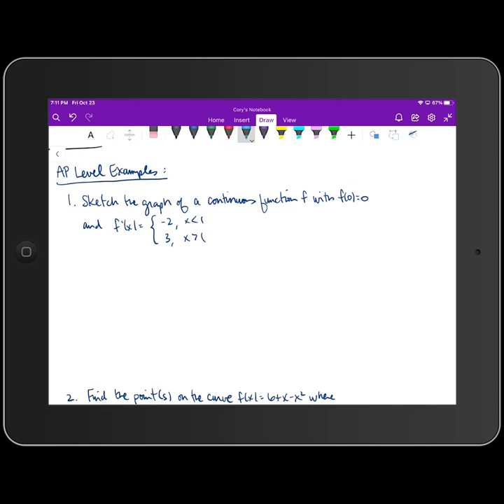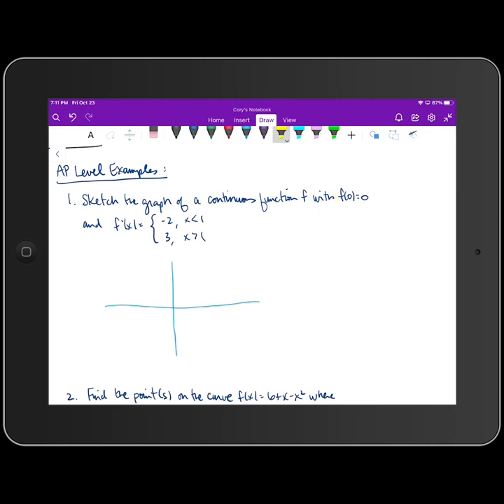Okay, so for this one, we want to sketch the graph. The key to doing this problem, there are 2 important statements. Number 1 is that f of 0 is equal to 0, so my starting point is at the origin.